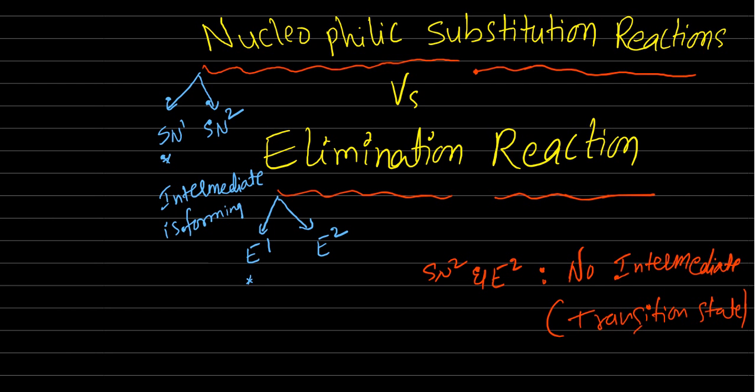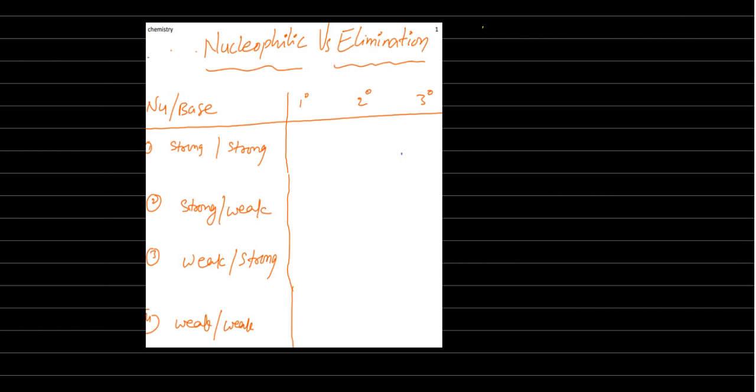So now, if an alkyl halide is there, it is undergoing either SN1, SN2, E1 or E2. Now four options are there. So how to decide? See, first, that depends on the nucleophile and its basic character.